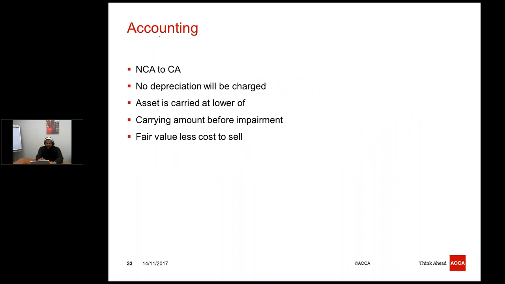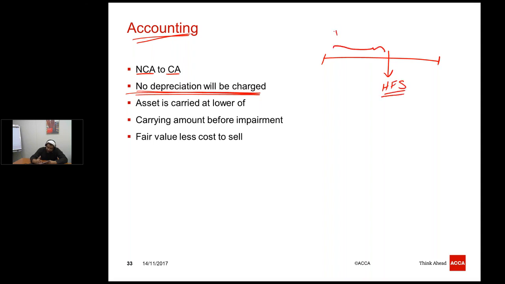Now, what will be the accounting in this case? The first thing is we are going to transfer the non-current asset to the current asset. And now we are not going to charge depreciation further. For example, if we have declared the asset as held for sale in the middle of the year, we would obviously charge depreciation for the first 6 months.